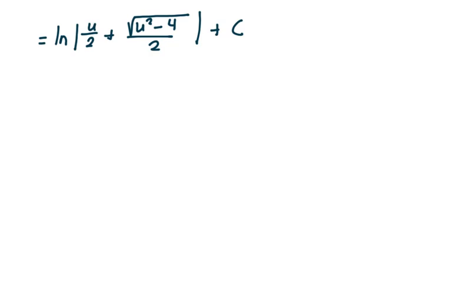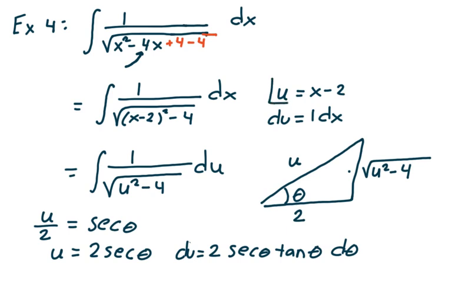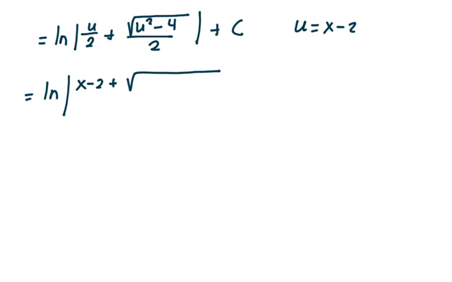Okay? But let's not forget what u is. If we go back, u is x minus 2. So we're going to write u is x minus 2. And so this is natural log of x minus 2 plus the square root of x minus 2 squared minus 4, all divided by 2, plus c.